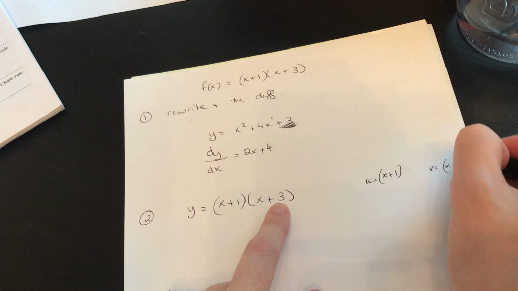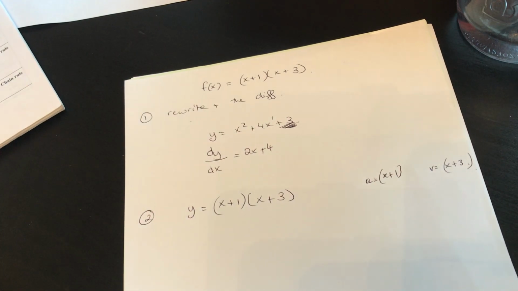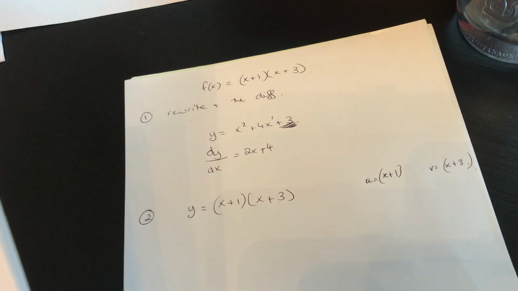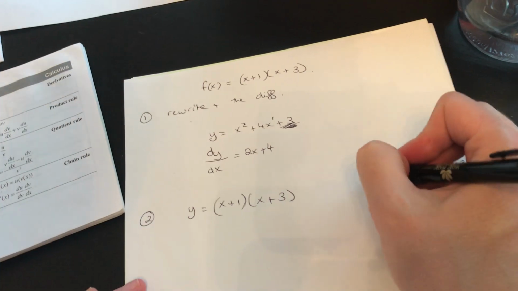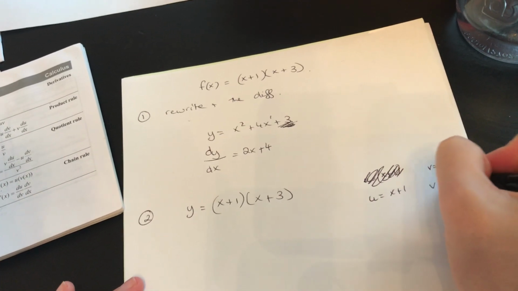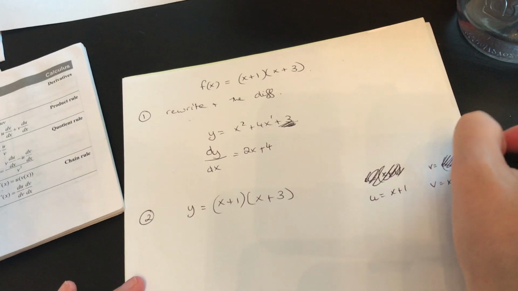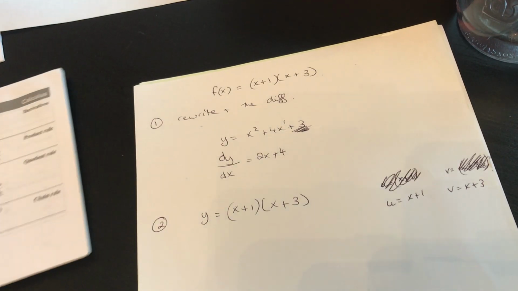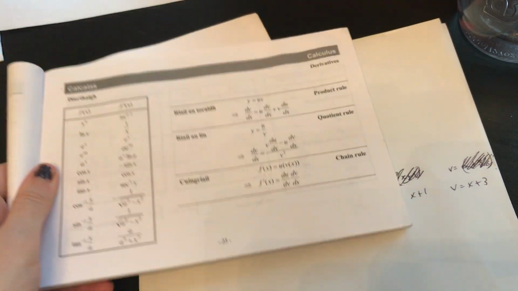You can put them in brackets, but it doesn't matter, we don't need the brackets. I just kind of looked at that and wrote it down. Okay, so now what does this say to do?